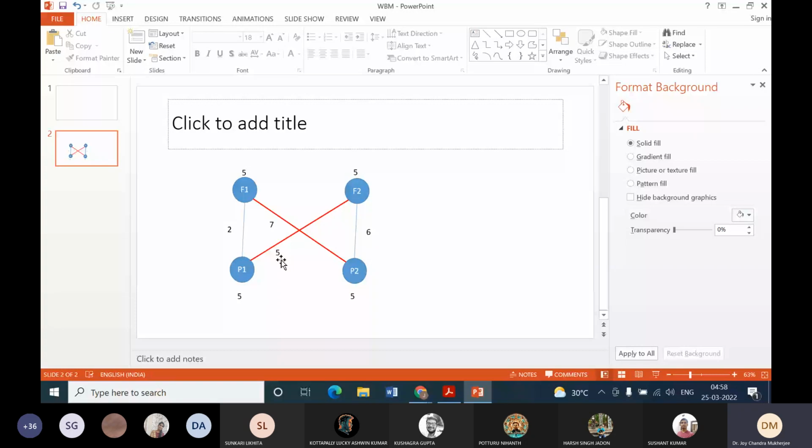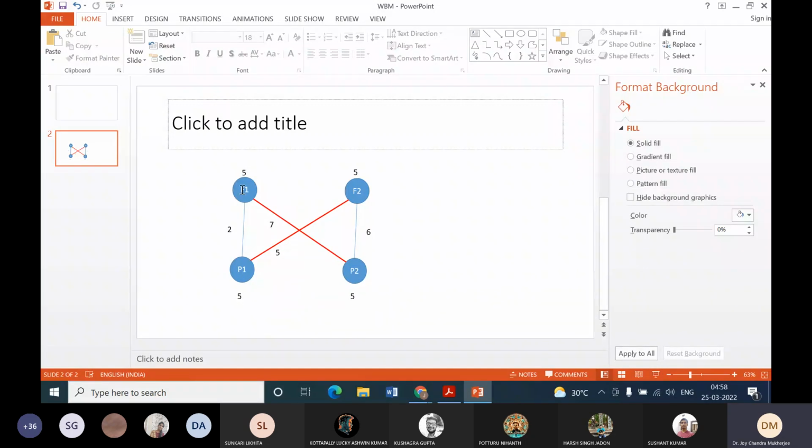So basically, what is the company's perspective? The company's perspective is to increase this profit through this matching, and the objective of the government is to reduce this cover.